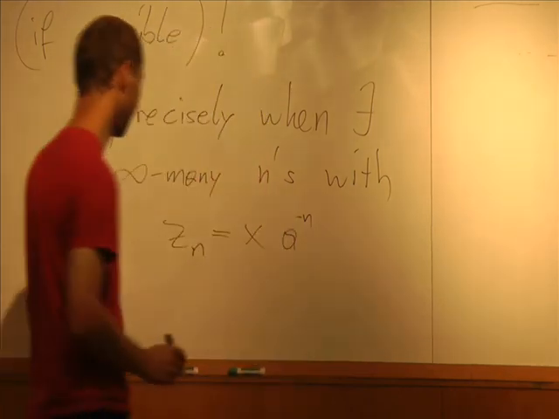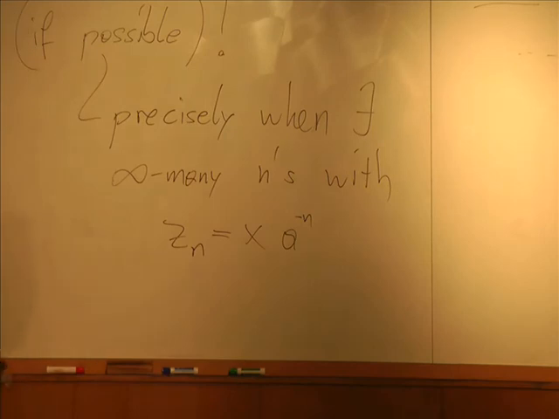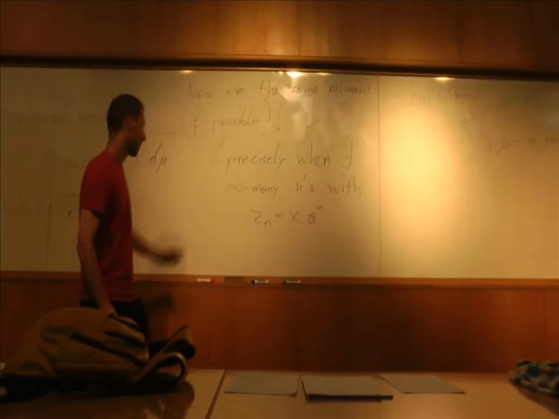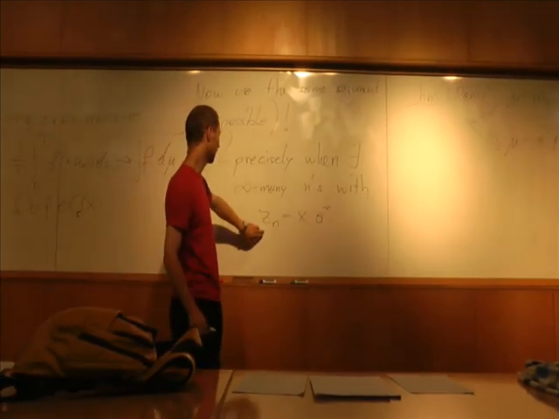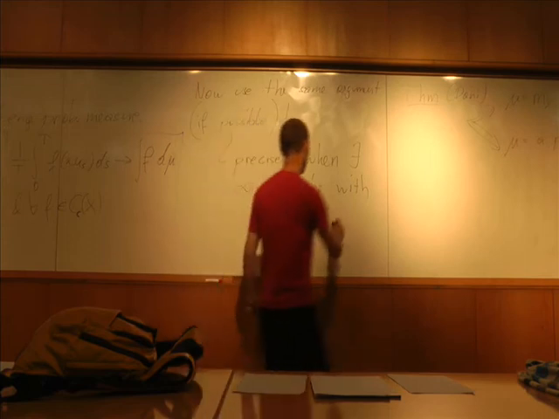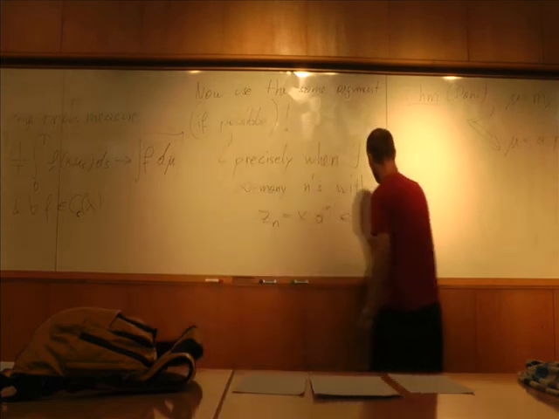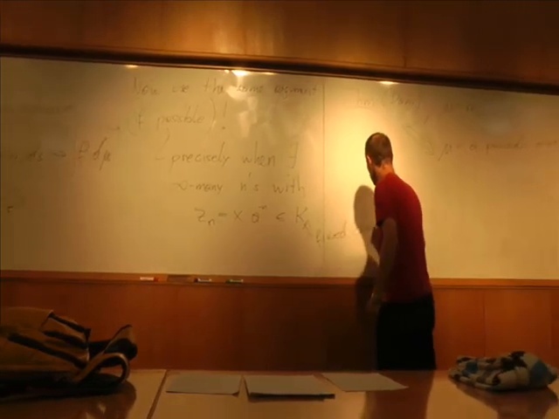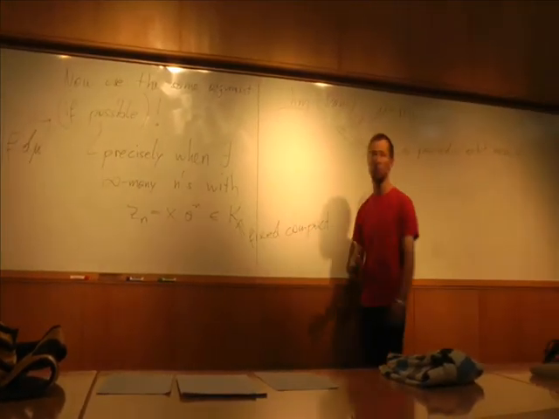Minus, thank you, that should be right, because the action on the right is with a minus. So, if there are infinitely many points that live in a fixed compact set, then nothing changes from the previous argument.